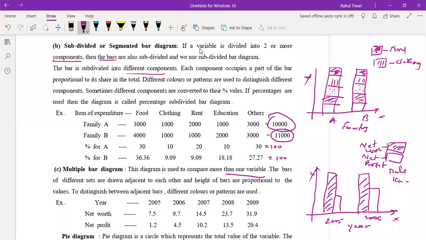And if it asks for a percentage subdivided bar diagram, you need to convert this actual data into percentage data. That much difference is there, otherwise your diagrams are the same.